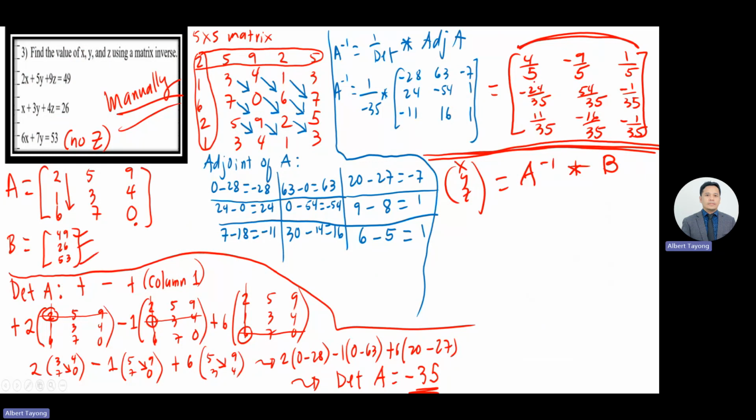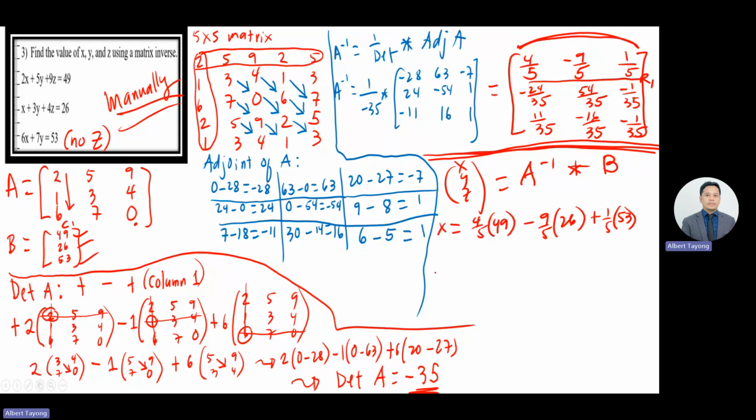So for your x, you have to take row 1 multiplied by the column here. So x is equal to 4 over 5 times 49 minus 9 over 5 times 26 plus 1 over 5 times 53.